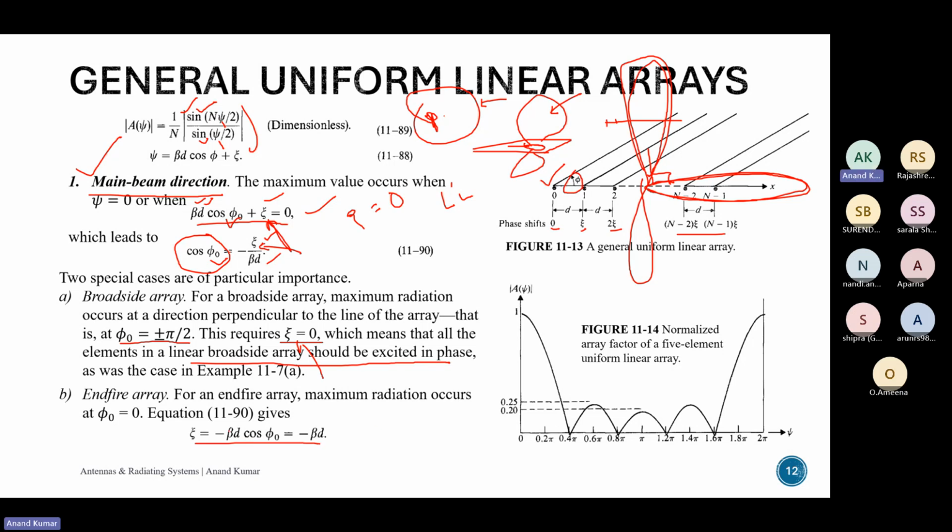So we get the value of the phase shift equal to minus beta d. This was also seen some days back in one of the examples.